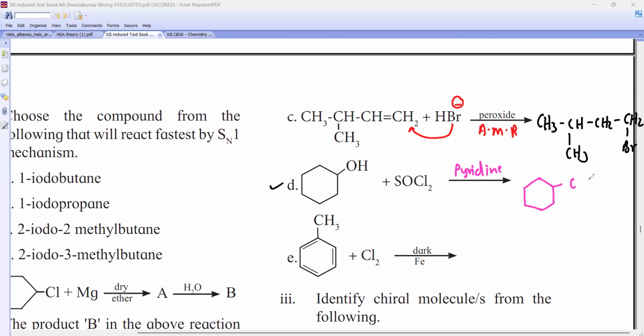Here what will come? Chlorine. And if you want other byproduct, I'll write the other byproduct also. Happy? Acha, but what is this? What is the name of the product? Cyclohexyl chloride. Yeah, chlorocyclohexane. Okay, this I have not taught you so far. But so now, are you getting what type of question will come? Yeah, tell me you have some questions.